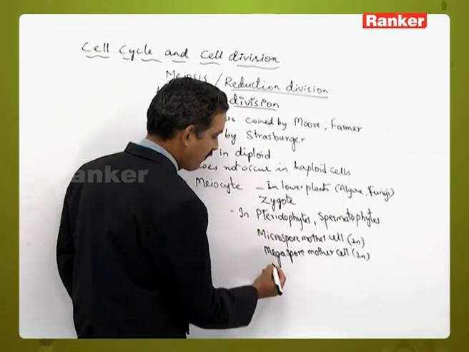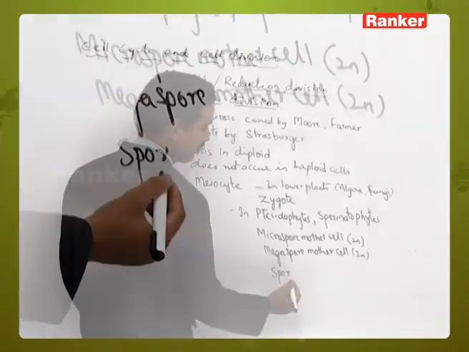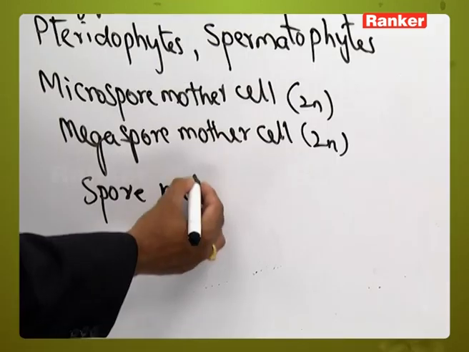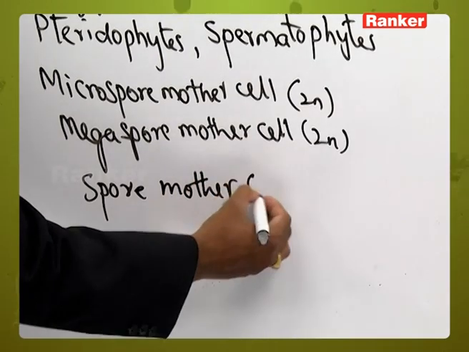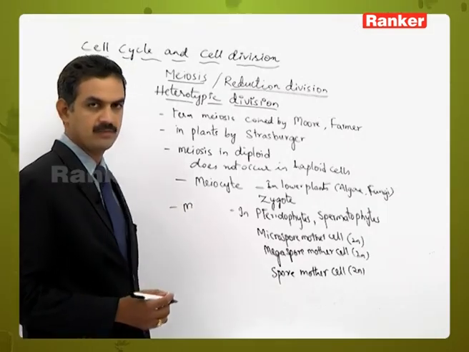And in some of the pteridophytes, where there is no differentiation between microspores and megaspores, we call it the spore mother cell. So these are also acting as meiocytes.